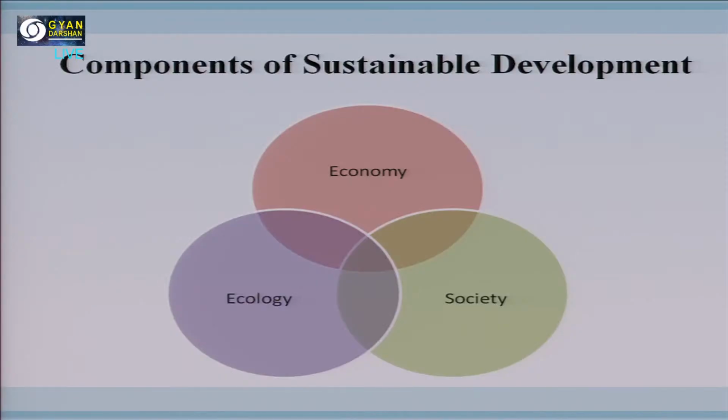So all these are environmental sustainability. That means whatever we are doing today, we must see what its impact will be tomorrow. So this is the meaning of sustainable development, and sustainable development involves an interaction between ecology, economy and society. There must be a healthy relationship.